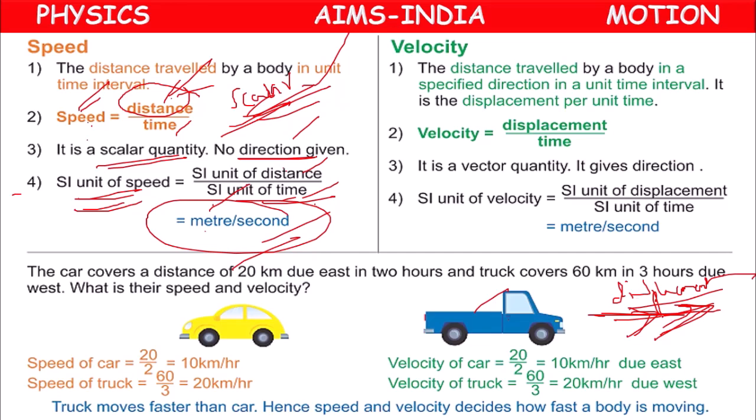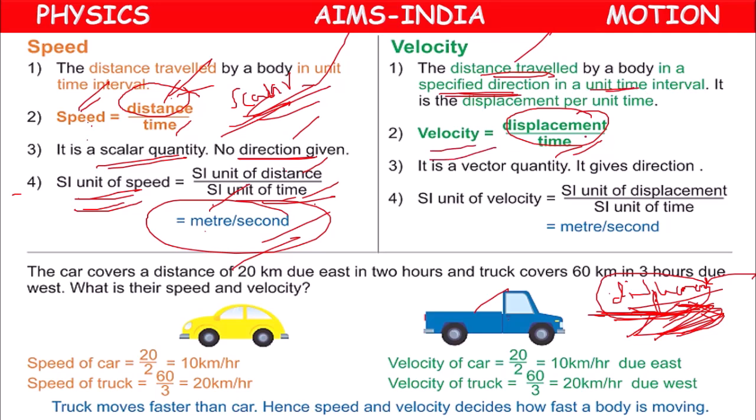So displacement by time: in how much time, how much displacement it has covered. If we divide, we will get displacement traveled in unit time. Displacement can also be considered as distance traveled in a specified direction. If distance happens in a particular direction, we call it a displacement.